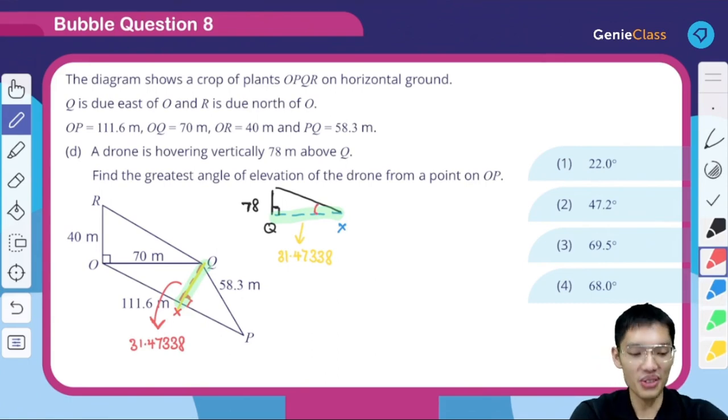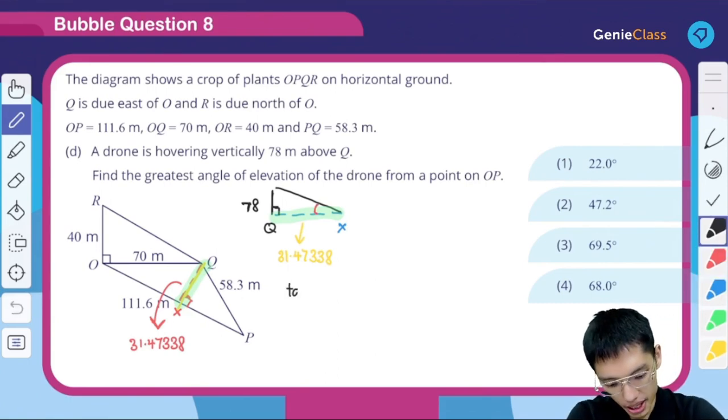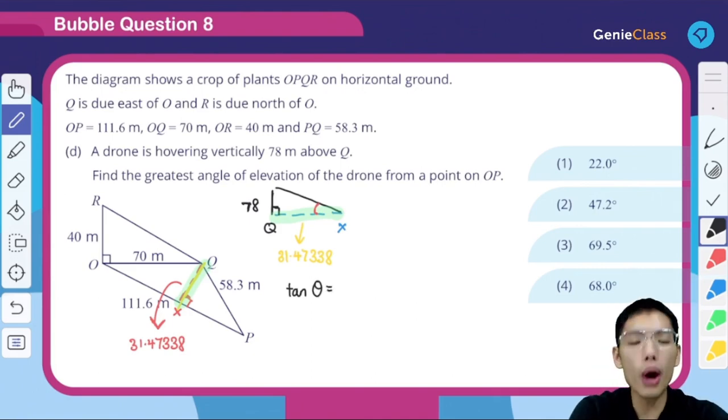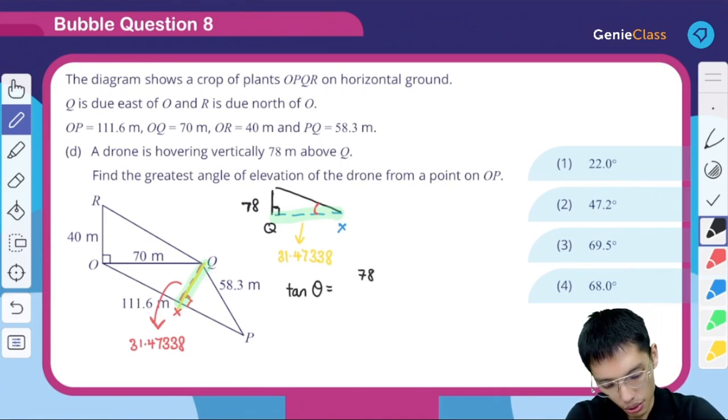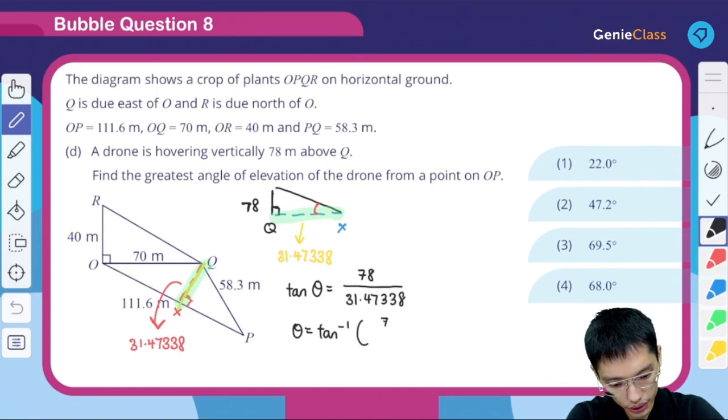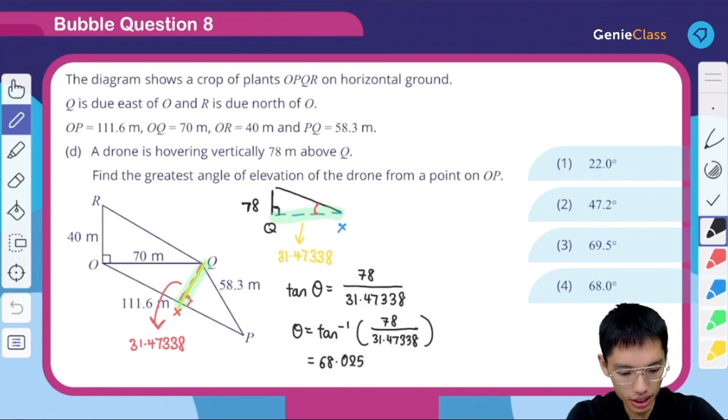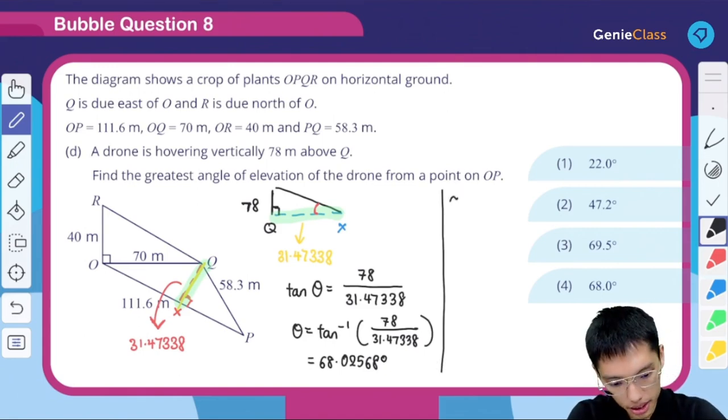So once you have this, you realize, opposite, adjacent. That's where I have 78 over 31.47338. Therefore, applying this, I have my theta, tangent inverse of this ratio, 78 over 31.47338. This is equals to 68.02568 degrees. Therefore, rounding off to 1 decimal place, 68.0 degrees.